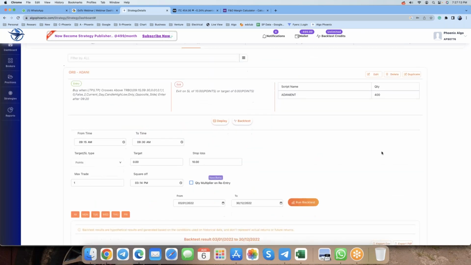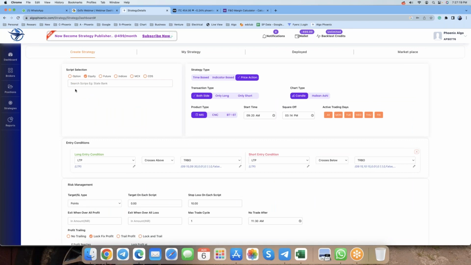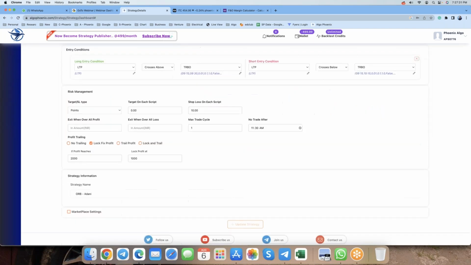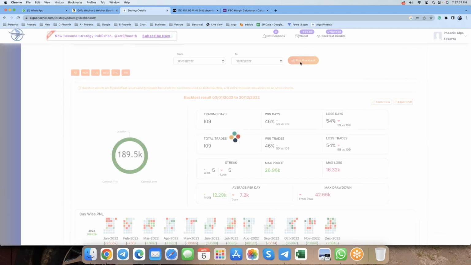Okay, now if all the stocks are not favorable, I can go back and delete this. I can check with Reliance or TCS, Tata Consultancy. I will see on 200 stocks because the stock price is almost the same, and I will try the same strategy with Tata Consultancy for the last 1 year.